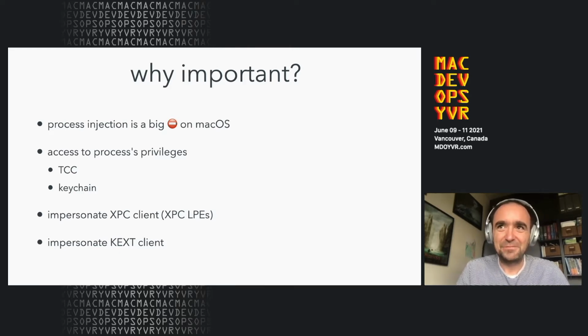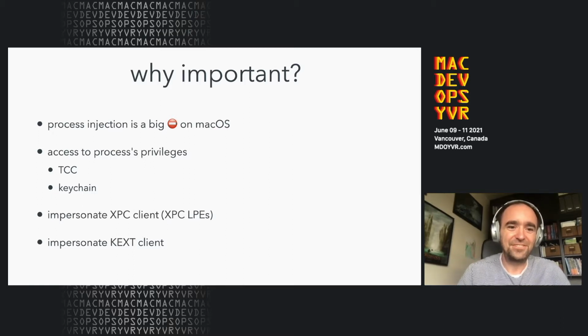These entitlements give processes and applications more rights than they would otherwise have. If you can inject code into a process, you can impersonate that process and gain access to its entitlements. Because of this, process injection is really restricted on macOS.